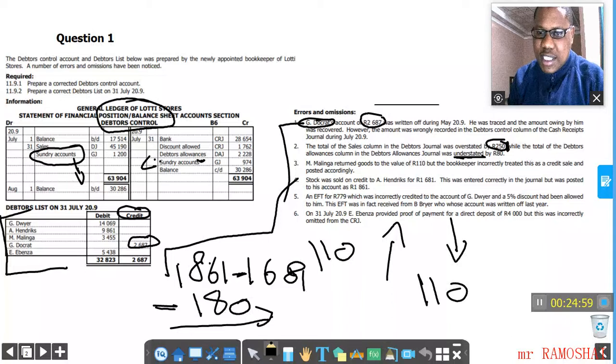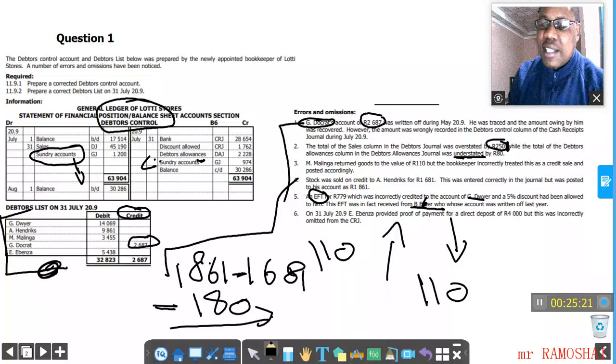And if you check this person, he is no longer appearing in our books because already we have written him off, we have cancelled him, right? But this amount was not recorded to his account, so it was recorded to who? G. Dwyer, right? So this amount, if you check, it is an EFT.